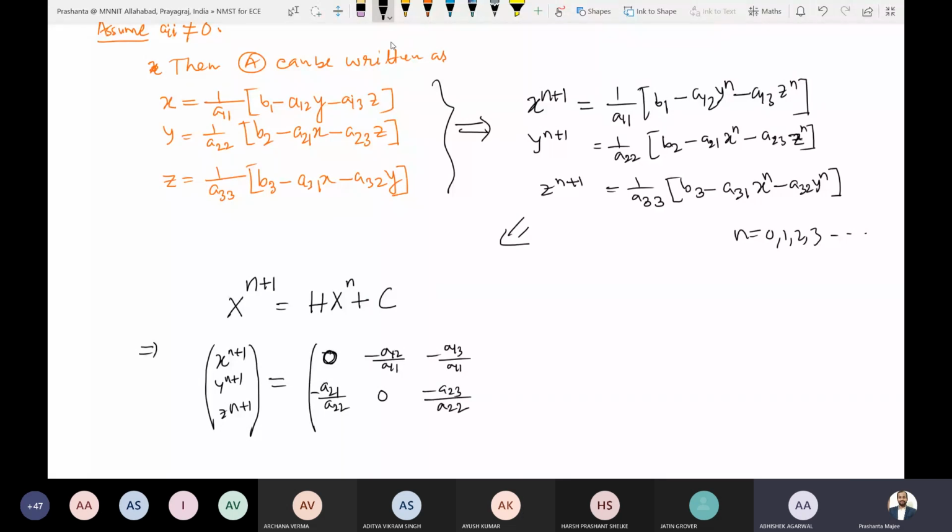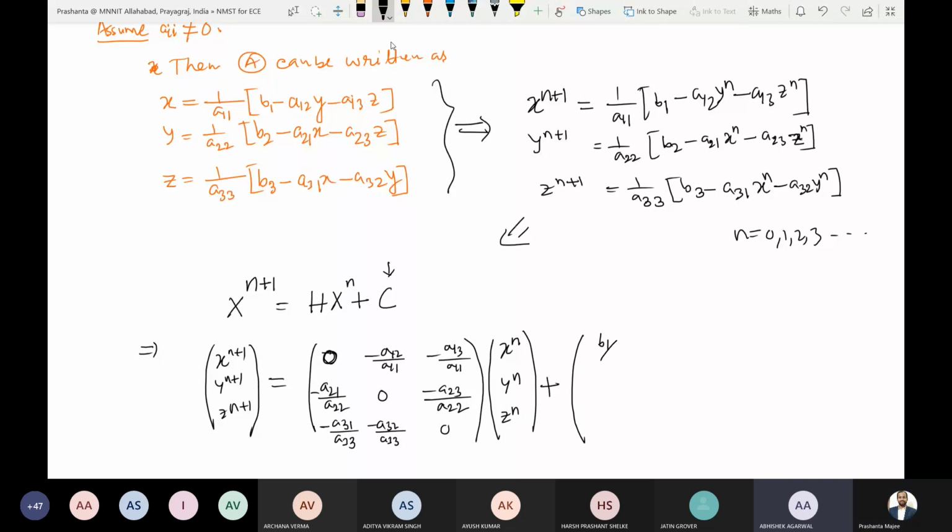And the third row: minus a31 by a33, minus a32 by a33, 0, into x_n, y_n, z_n. And what will be the constant C? This is a column vector. So C will be b1 by a11, b2 by a22, and b3 by a33.